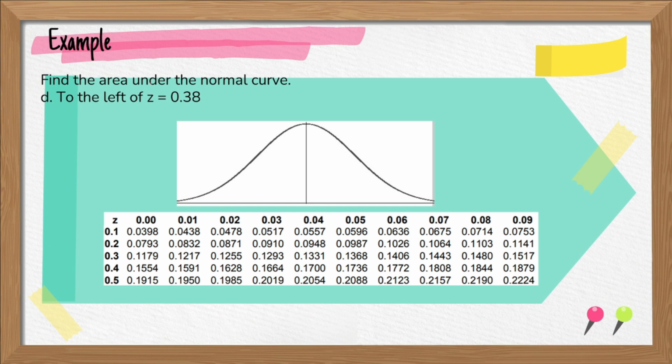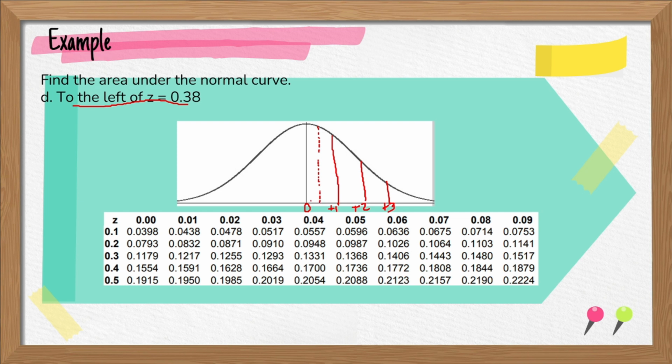Okay, let us proceed to example letter D. So, find the area under the normal curve to the left of z is equal to 0.38. So, kanina, to the right, ngayon naman to the left. So, i-locate muna natin si 0.38 dito sa ating normal curve. So, we have plus 1, plus 2, plus 3. Okay, so 0.38, estimate natin na siya ay nandito.